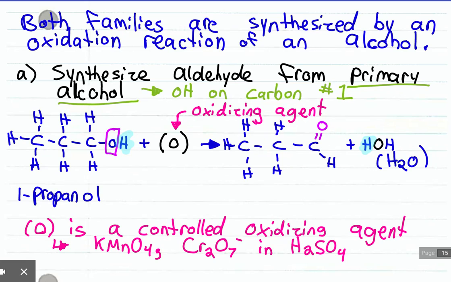Now, we haven't talked about this yet, but a primary alcohol is when the hydroxyl group is on carbon number 1. An aldehyde has to be synthesized from a primary alcohol. If we look, we have propanol here, and I've used the wrong naming, so I need to fix that.